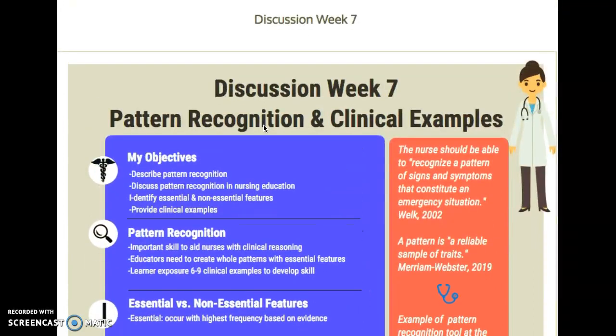My conclusion is that in the unit where I work, there are many, many areas and types of patients where we could use clinical examples to practice pattern recognition skills, and I really look forward to incorporating this concept into future professional development programs as a nurse educator. So thanks for listening.